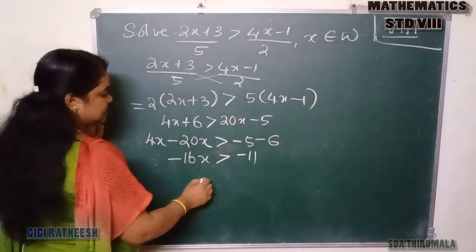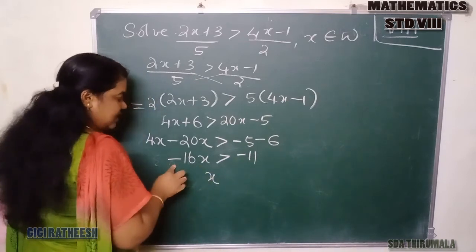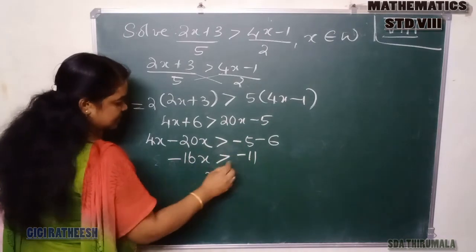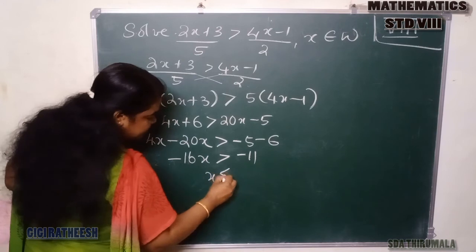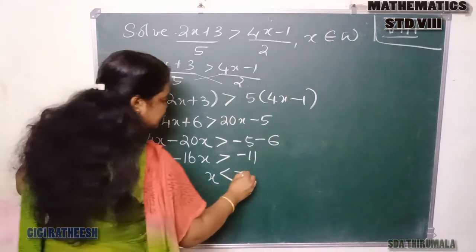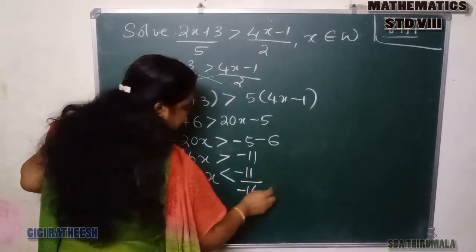Here it is x, and here it is a negative and here is also a negative. This goes to the right side, that is we get x, and the inequality changes, x less than minus 11 by minus 16, and it changes to positive.